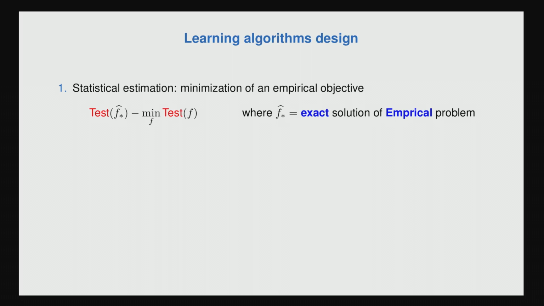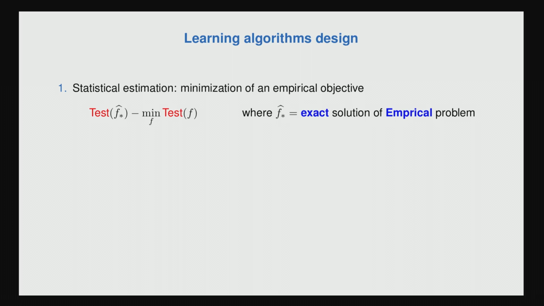And if I want to study the statistical properties of the function that I'm going to learn, I look at an error, which is the test error of this f hat star, which is the exact solution of my empirical problem.